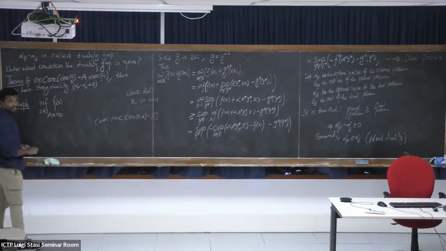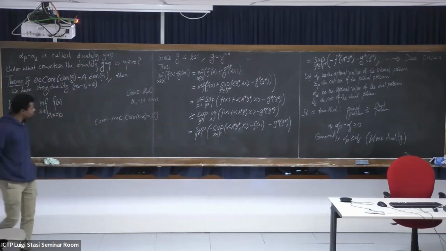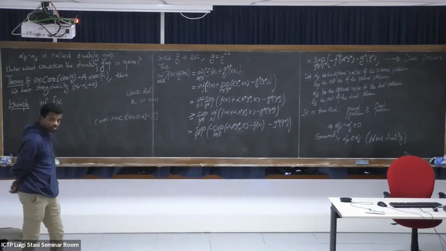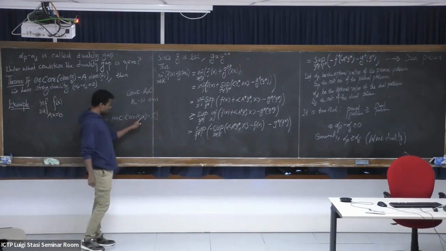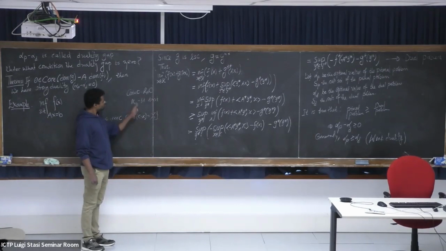Can I ask a question? The only way zero is in the cone of C is if and only if zero belongs to C. Is that correct? Yes.